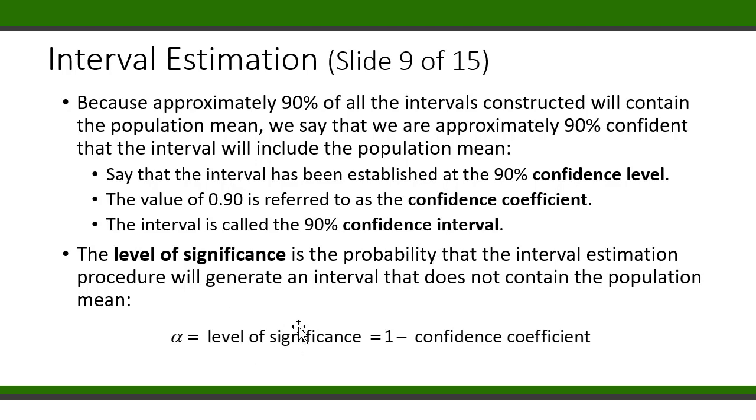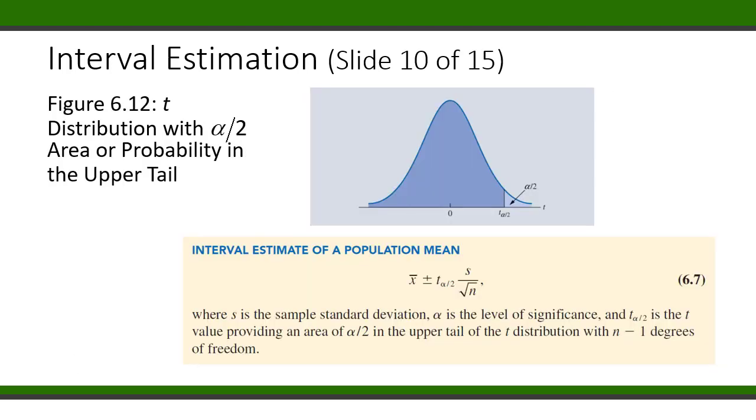So here our level of significance is 10%. That 10% is a two-tailed test, so it's split in half. So 5% goes on the positive side of the mean, and 5% goes on the negative side of the mean. So now we have something called the interval estimate of the population mean.